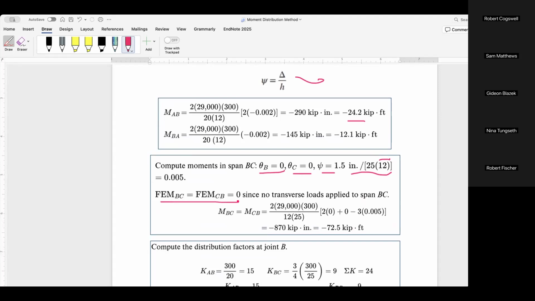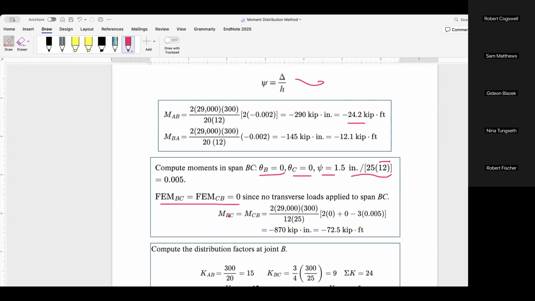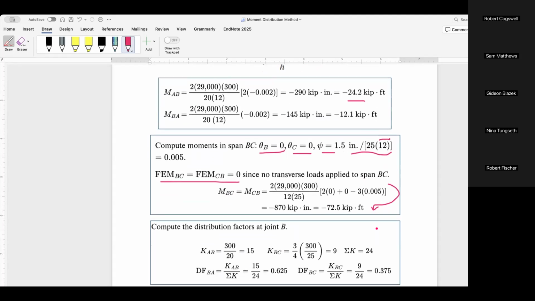The thing I said a few minutes ago, they wrote in the book. And now again, you use the general equation we have, compute the moment for BC and CB. You just compute it and then you get this one. So we have already got the moment.